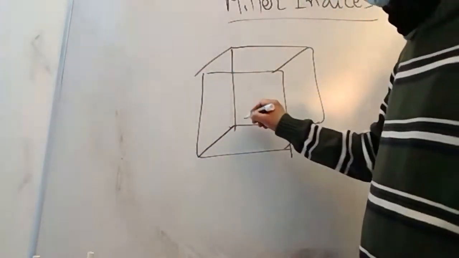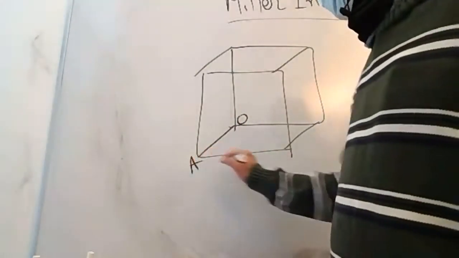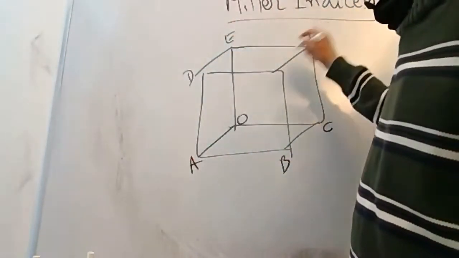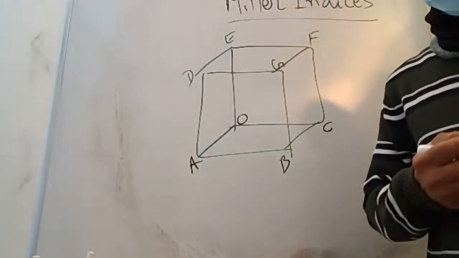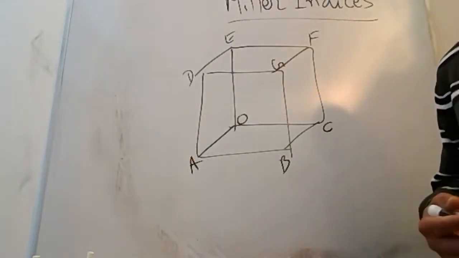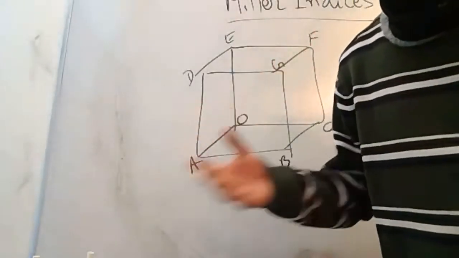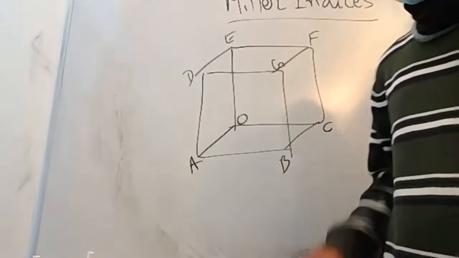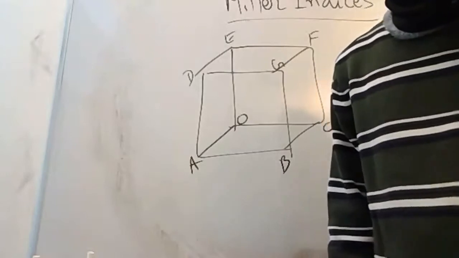So let's call this point O the origin, and then A, B, C, D, E, F, and G. We are now looking at a simple cubic system. Now, we can imagine an infinite number of planes within the cube. For example, any three non-collinear points in space define a plane, right?